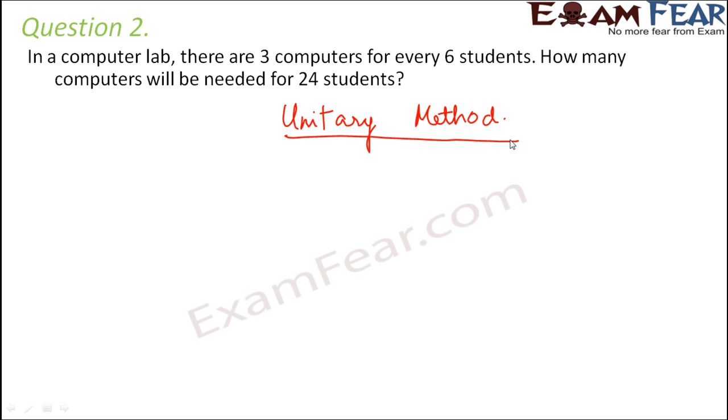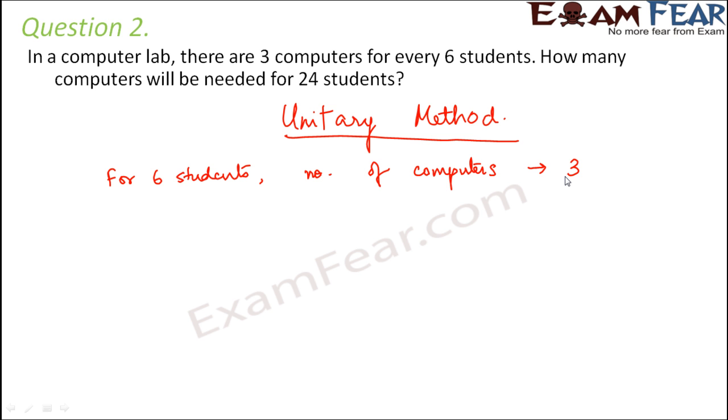The question says that there are 3 computers for every 6 students. That means for 6 students, the number of computers that are present is 3. That means you really do not have even one computer for one student.